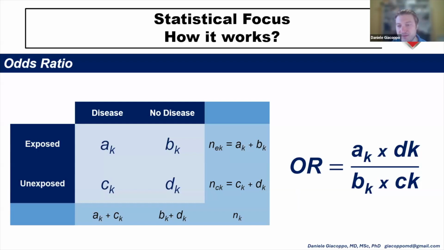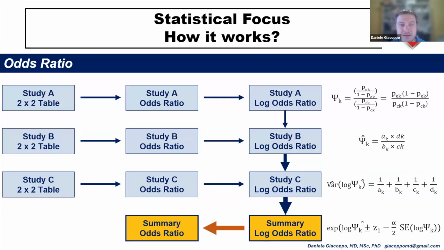You can see we have a K, which means that we are going to repeat the process for each study included in our meta-analysis. So let's assume that we have 3 studies, A, B, C. We have an odds ratio for each study, which is transformed to be pooled in the meta-analysis.